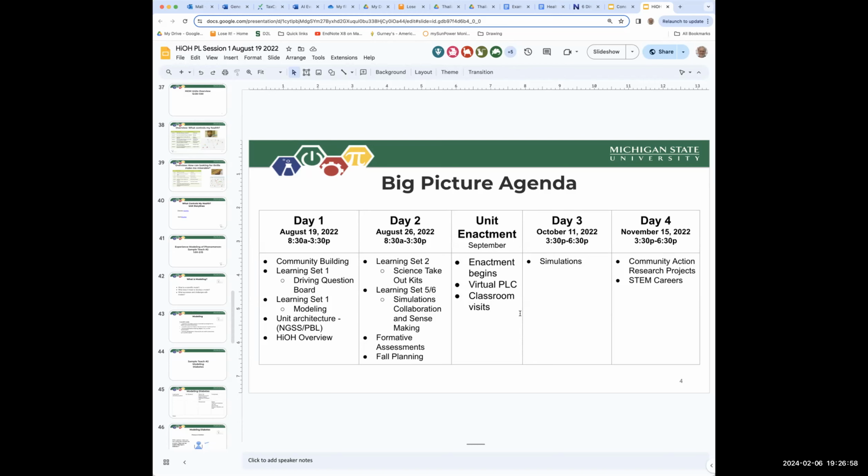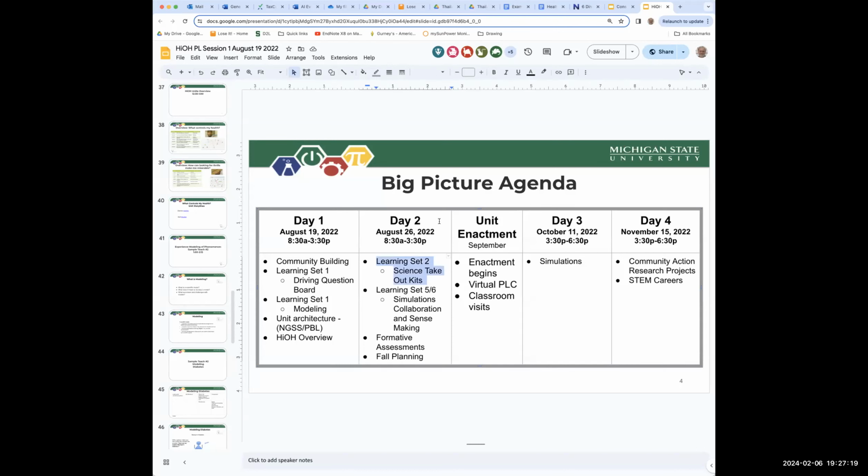On day one, we typically go through the driving question board and the modeling, which is all of learning set 1. On day 2, there's a lab that we do through the science takeout kits, and we do the pedigree, because those are really big ideas that we think it's important for teachers to engage with as learners, and then we debrief.